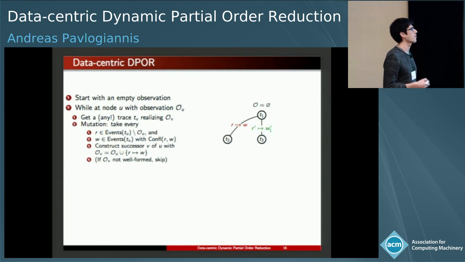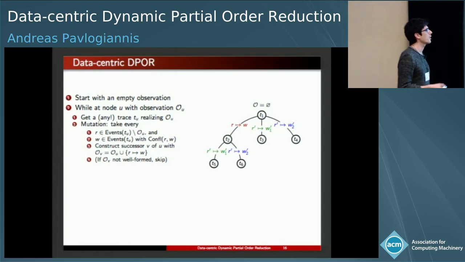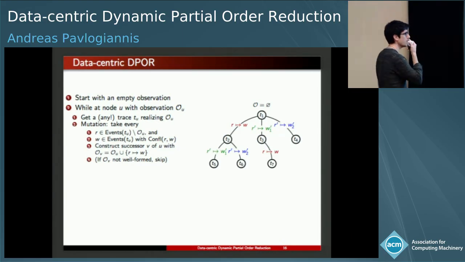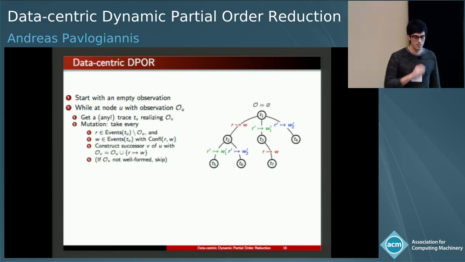And we proceed recursively. We have another pair, a green one, a blue one, and we go recursively, and so on. And now this process is enough to guarantee completeness, namely that this way you visit every observation, every class in your observation partitioning. However, it's not optimal yet because you might be realizing the same observation function twice.